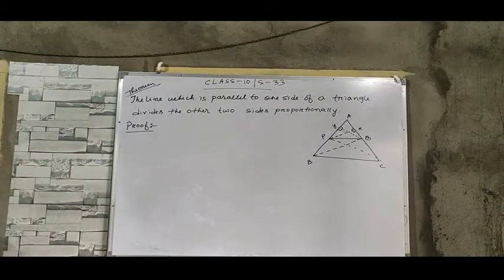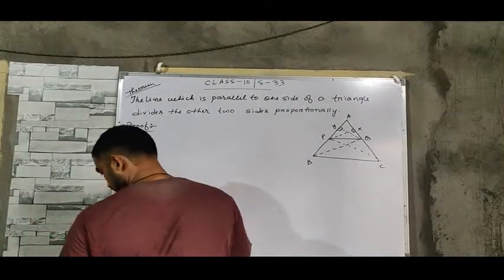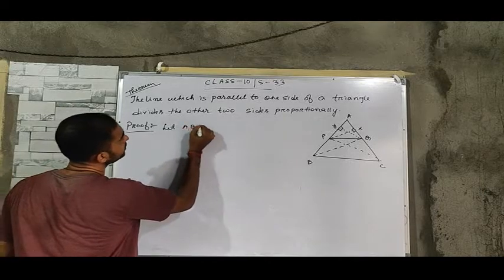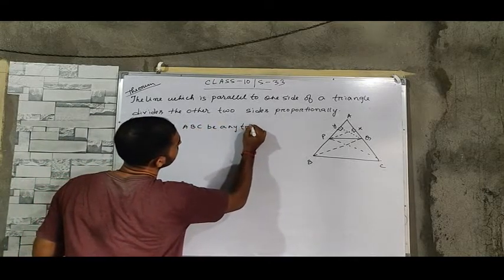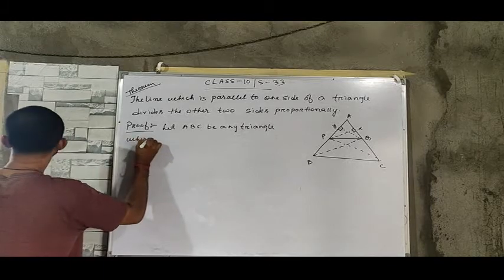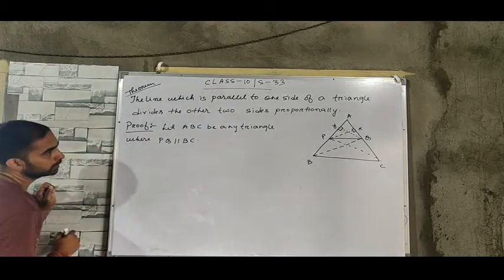This is the diagram. Now let ABC be any triangle where PQ is parallel to BC.